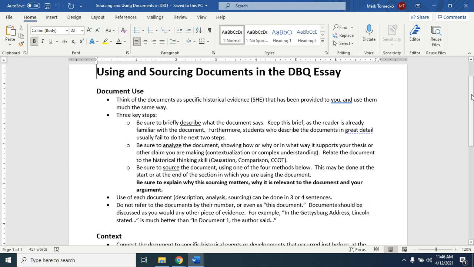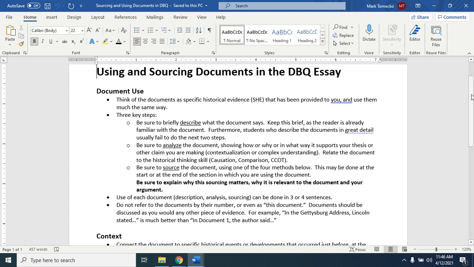The reader has the documents. They know what they say. But usually that's a clue to the reader that you don't know what they say. You're quoting them hoping that the main idea is somehow in there. Don't do that. Just tell us what this document is saying or doing that is relevant to your claim, your thesis.